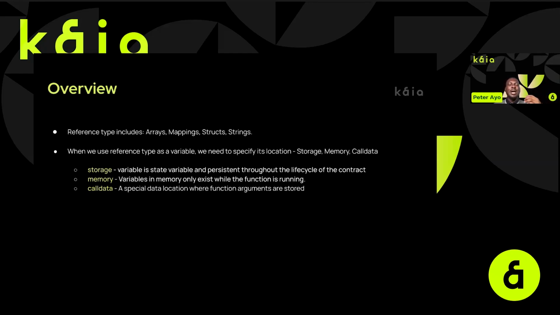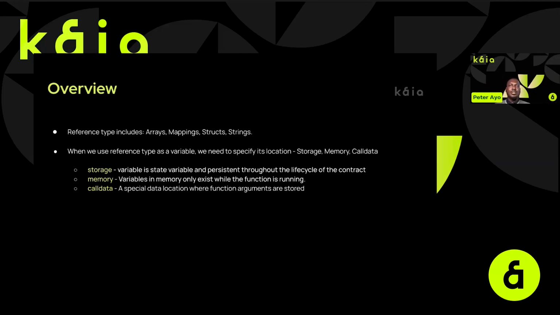You can't modify the value that has been stored in a particular data that is specified to be in call data. But for storage, of course, you can mutate it, right? And so these are the differences between the various data locations. We have storage, we have memory, we also have call data.